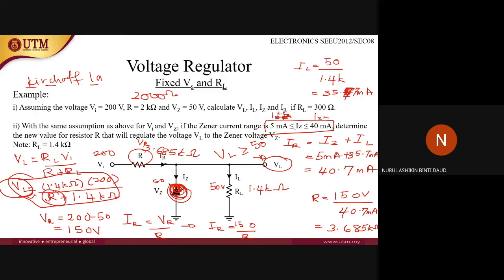But once you know the value of R, 3.685 kilo ohms, you can calculate the value of VL. So if the question continues, you can continue with this left equation where R is 3.685 kilo ohms. This is just to inform you of the basic equation from just now.